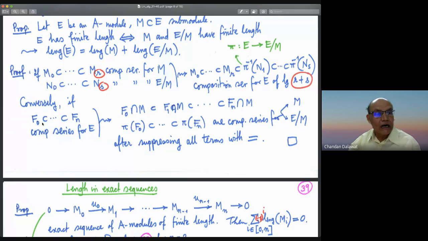Similarly, I can take the images of these submodules under pi. The pi is this map from E to E modulo M, the projection.